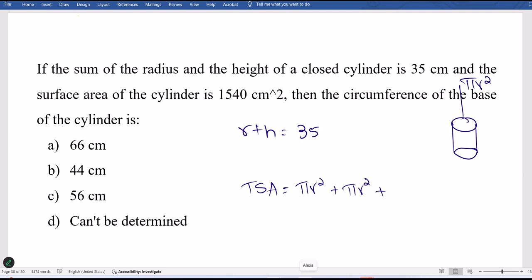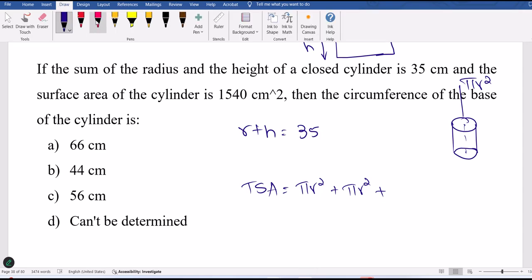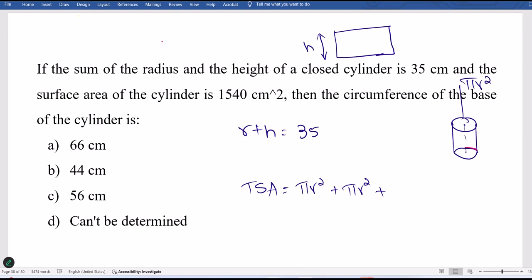And what about the side? If you cut it, like a paper, it will open like a rectangular sheet where this is the height, and this length is the circumference of the circle, 2 pi r. So 2 pi r h is the curved surface area. Total surface area means 2 pi r square plus 2 pi r h.